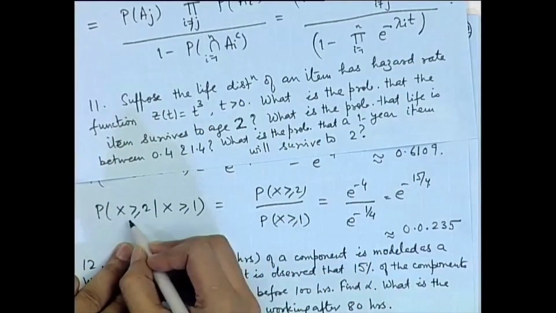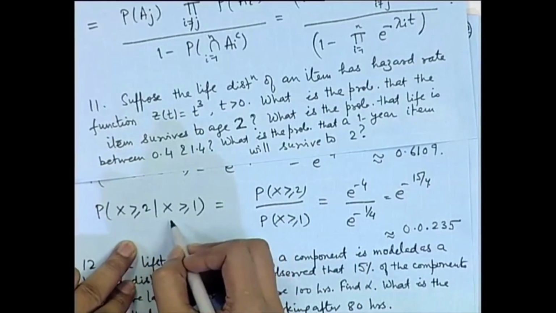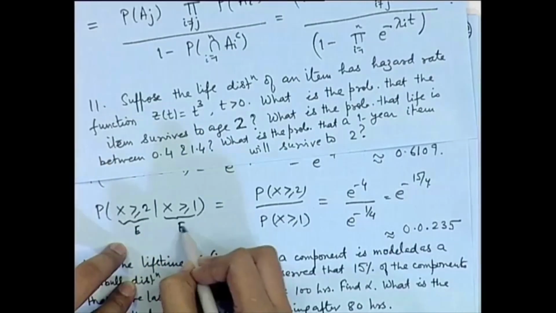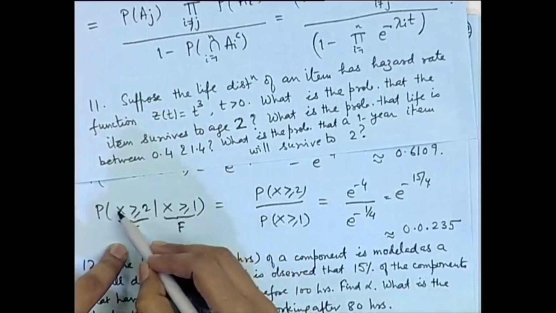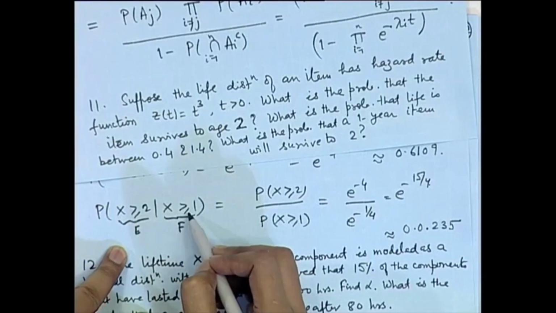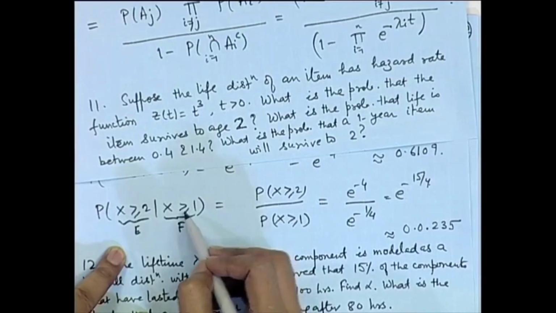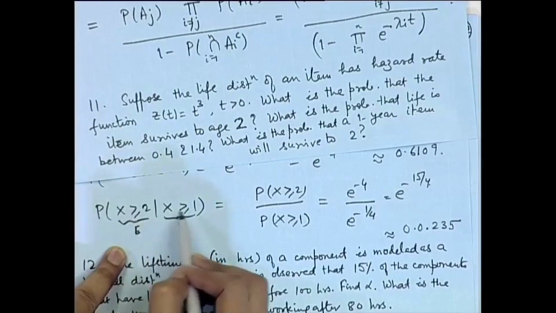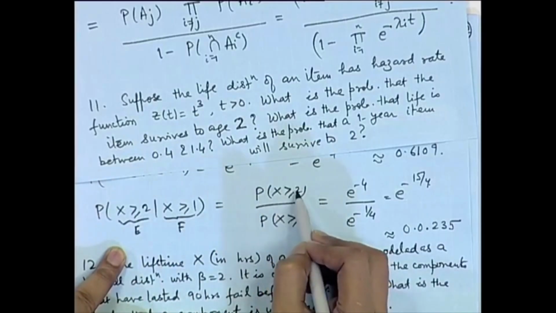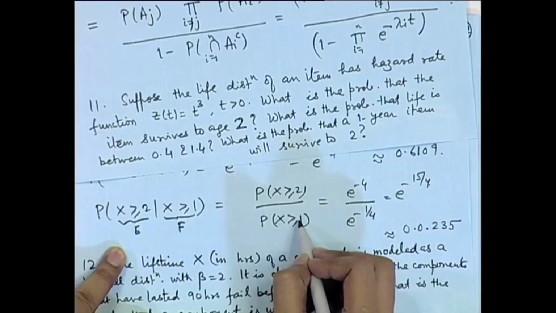Once again we make use of the formula for the conditional probability. This is event E, this is event F. So, probability of E given F is equal to probability of E intersection F divided by probability of F. Once again notice that here E is a subset of F. So, in the numerator we will have probability of event E divided by probability of F.